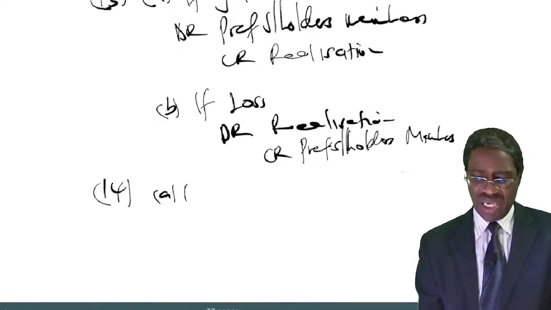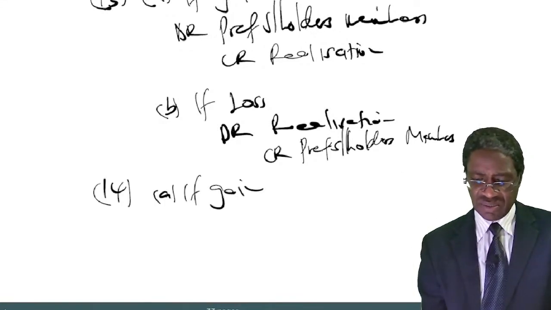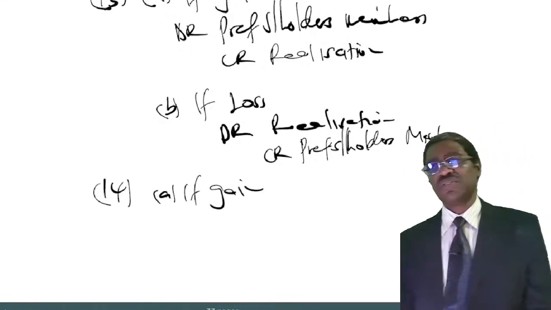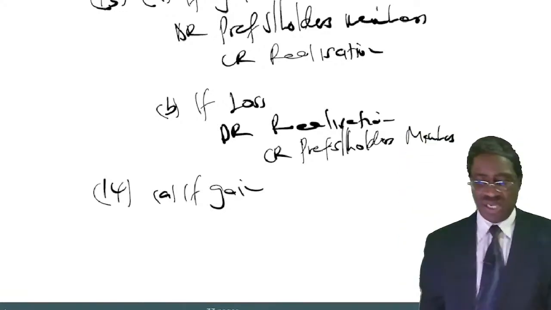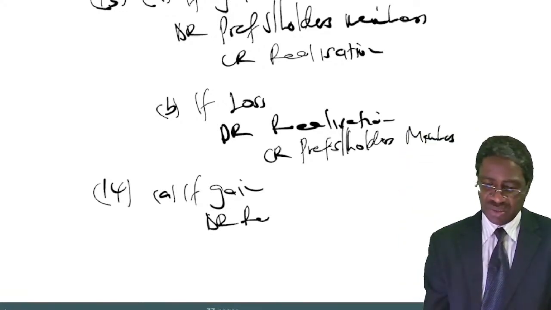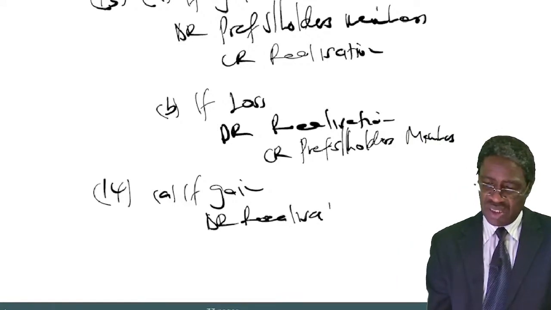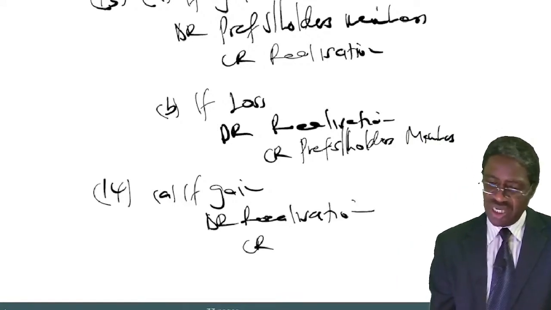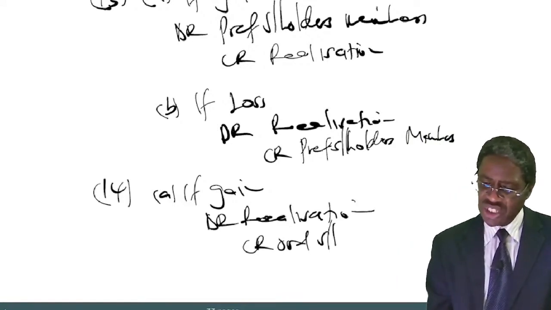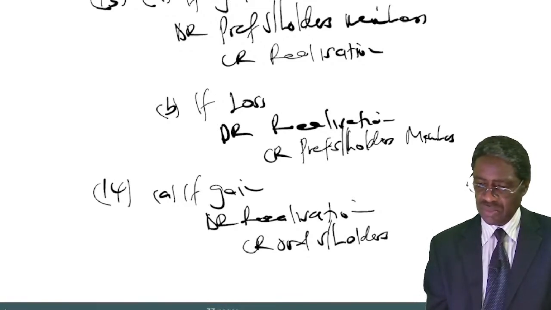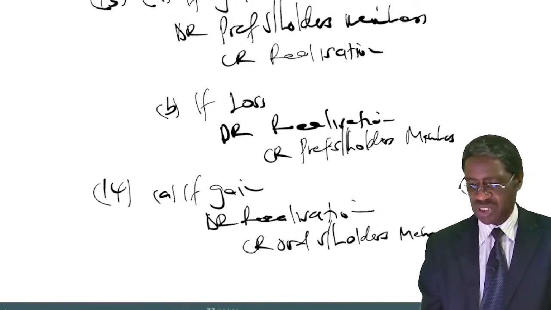A, if gain: debit realization, credit ordinary shareholders members.